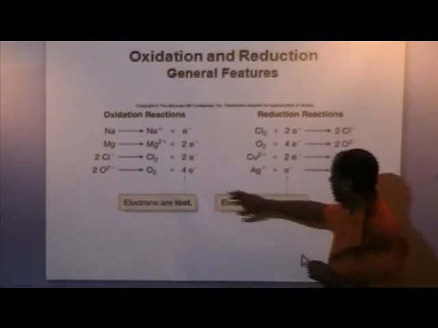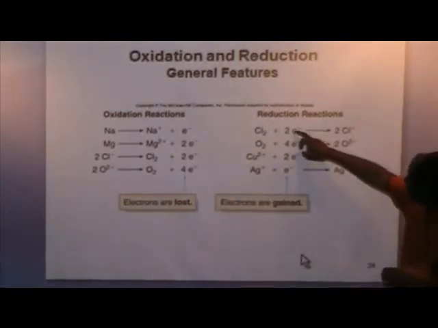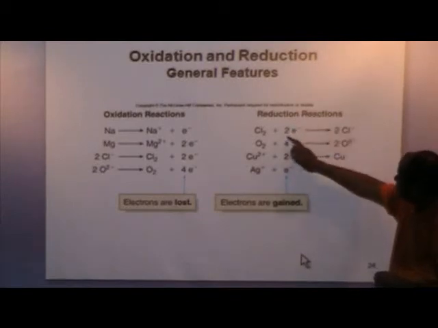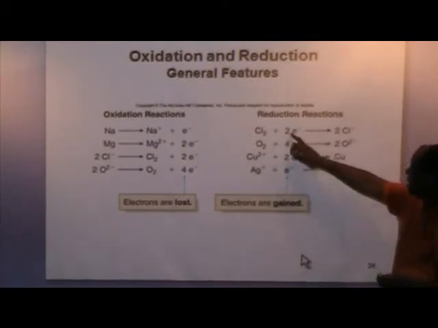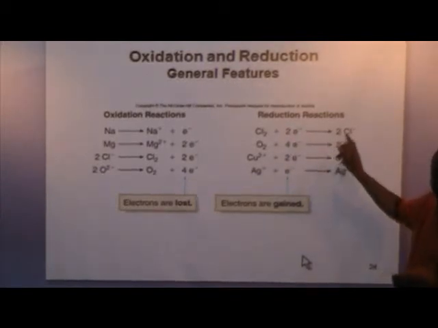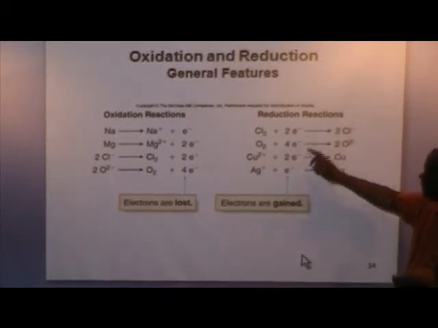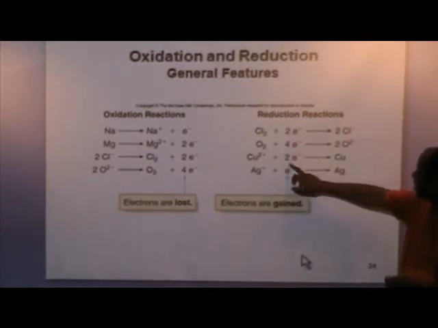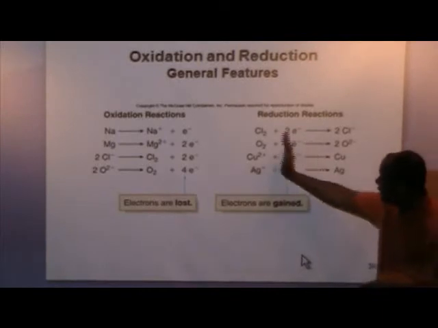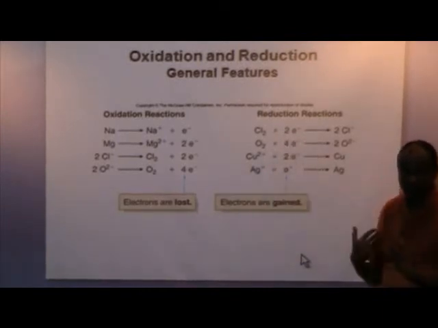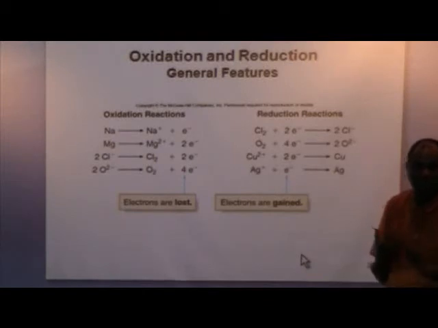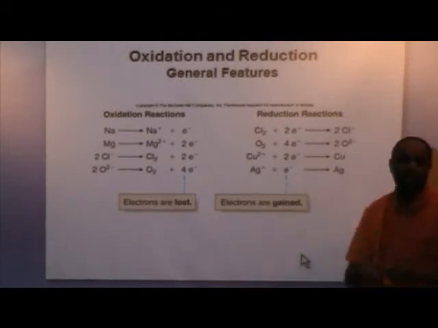This is like oxidation. So you gain electron here, it gains to the reactant. So how many electrons does it gain? 2 electrons. So it should be 2 minus. It's a reduction. It gains 2 electrons. It gains 4 electrons. It gains 2 electrons. If anything is on the reactant side, it gains. It's not loss. It's profit. I kept it because it's on the reactant side.